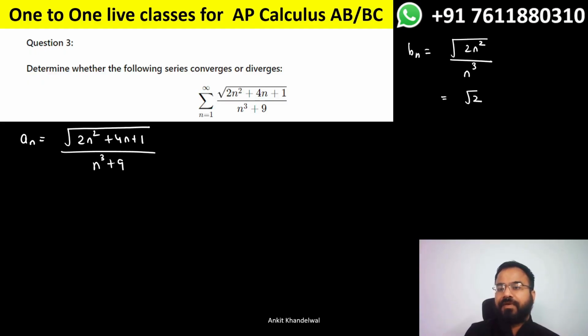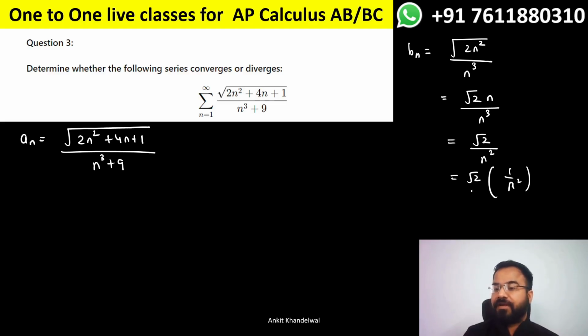If we simplify this, it is square root of 2n, since n is positive, divided by n cube. On simplifying, this will become 1 by n square. According to the P series, because you can treat it as root 2 times 1 by n square, since the power is greater than 1, it converges.